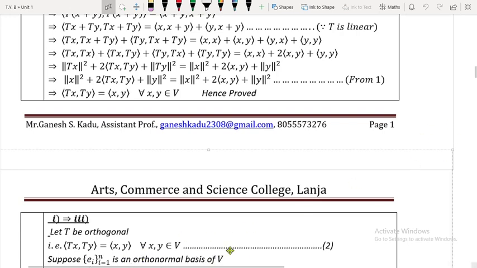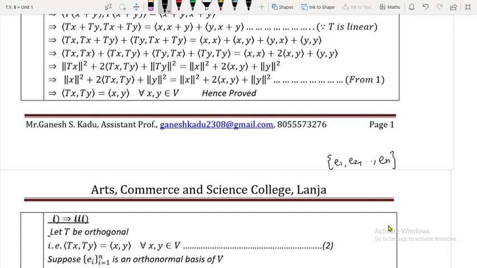Now note one thing, now since this is an orthonormal basis of V, it means that first of all it is a basis of V, and e_i, i varying from 1 to n, means what? Actually which set? Yes, it is the set of the form e1, e2 up to en.